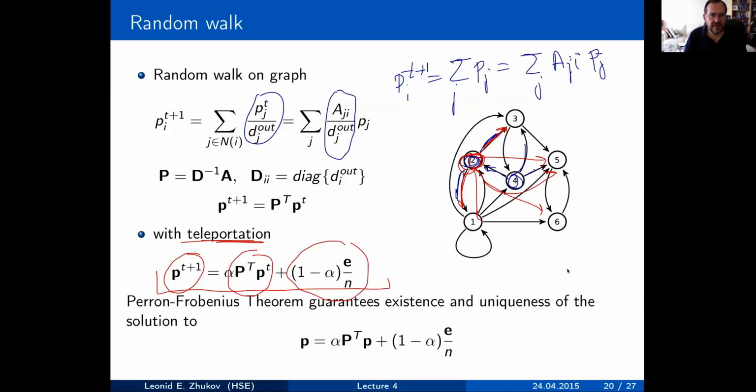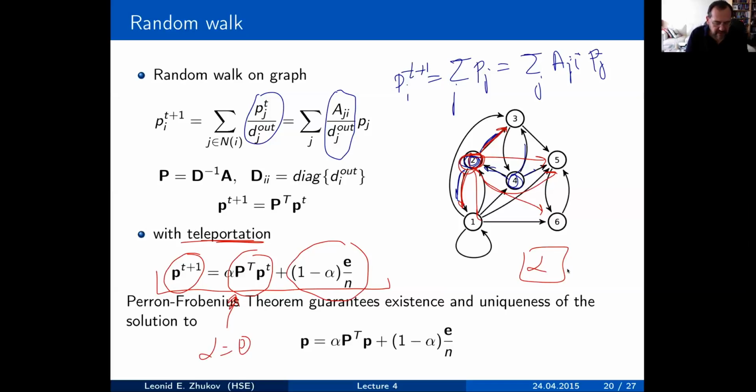What you need to do in this formula is balance those two options. And this is a parameter alpha that you will see in many PageRank computations. This parameter really tells you how much more you prefer to follow the structure of the graph versus random jumps.